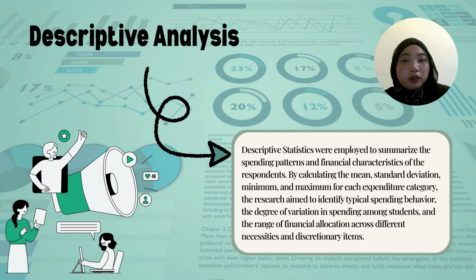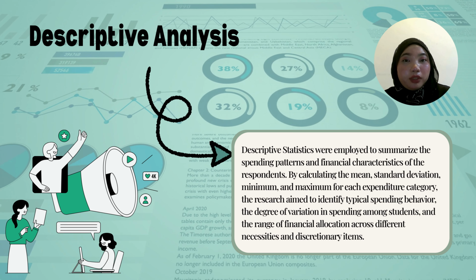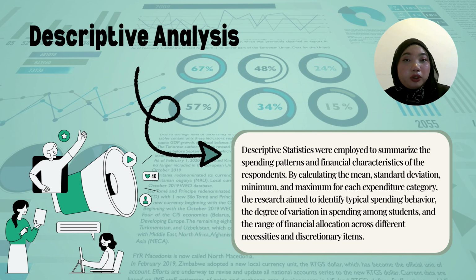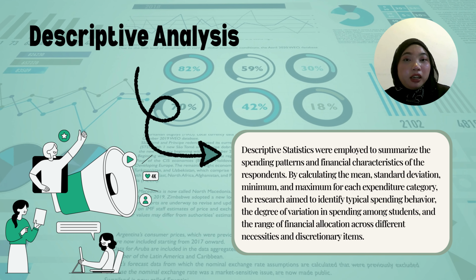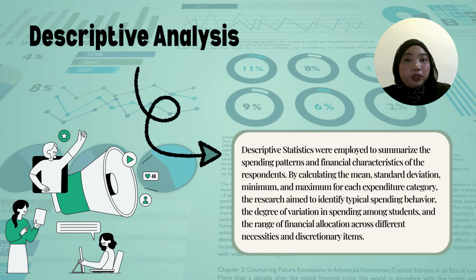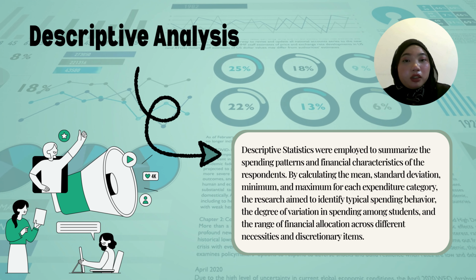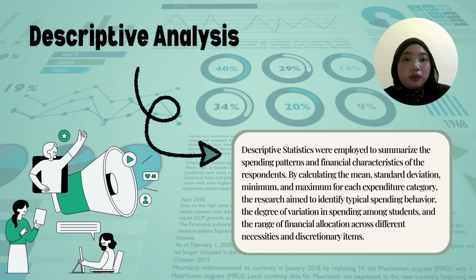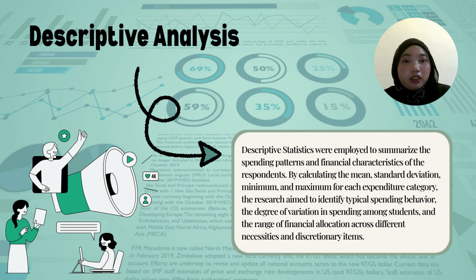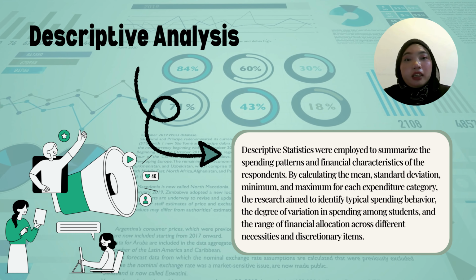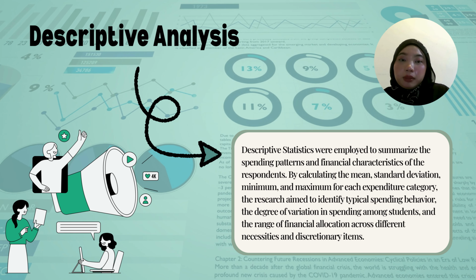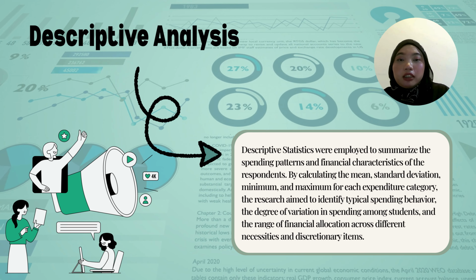Descriptive analysis is one of our objectives that we use for our data analysis of student monthly income and total expenditure. So we move to the descriptive analysis, where descriptive statistics were employed to summarize the spending pattern and financial characteristics of the respondents by calculating the mean, standard deviation, minimum, and maximum for each expenditure category.